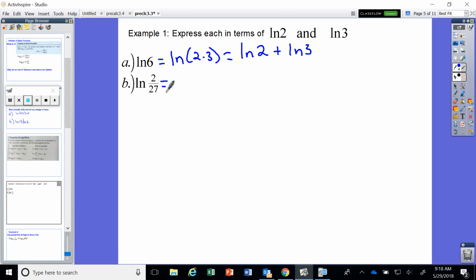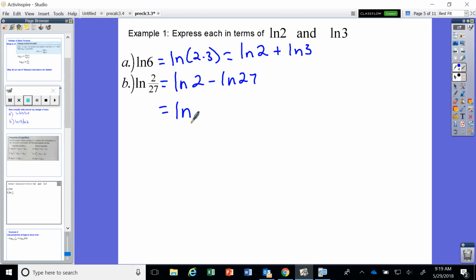The natural log of 2 over 27. Well, we definitely know that this is a division, so this is definitely the natural log of 2 minus the natural log of 27. However, there's a little bit of a problem here because this is not in terms of the natural log of 3. Well, hopefully we can see there's a connection between 27 and 3. There's definitely some relationship in there because 3 is a factor of 27.